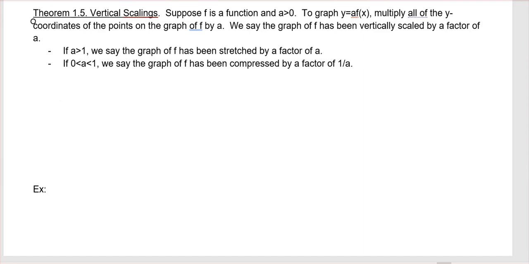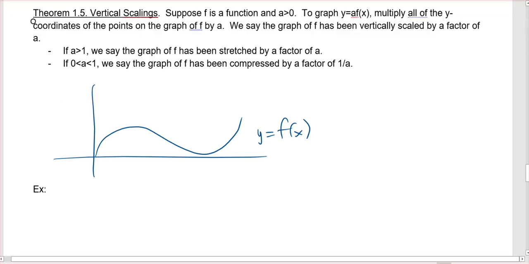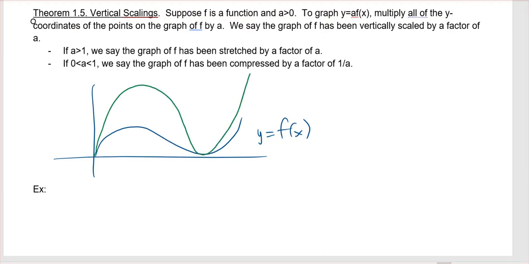Well, I guess we've been drawing the general picture. Let me draw that general picture. So if I've got a function that looks like this, I can draw a picture of a vertical stretch. Pretend that's on the x-axis. So this would be y equal a times f of x.